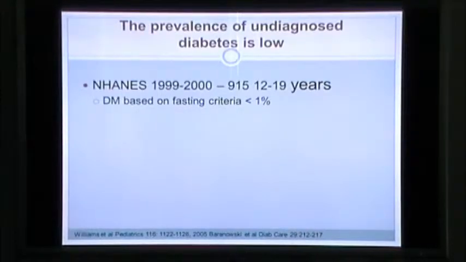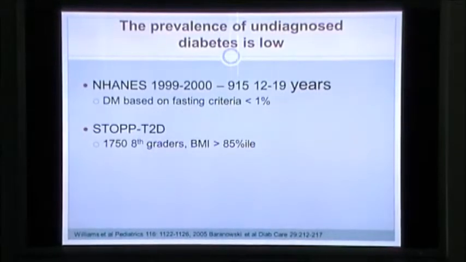You will identify them in the population. The situation is different in kids. Estimates are from NHANES, which is a population-based survey that's done in the United States approximately every 10 years, that diabetes based on fasting criteria is less than 1% of patients.